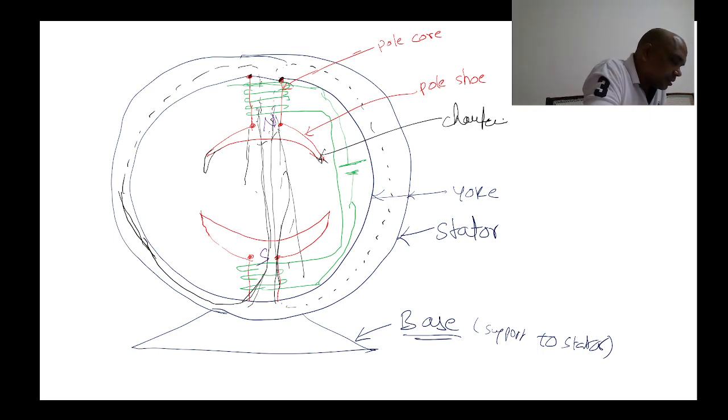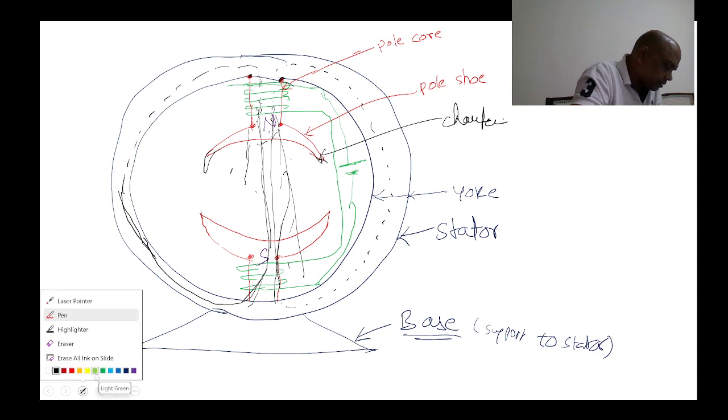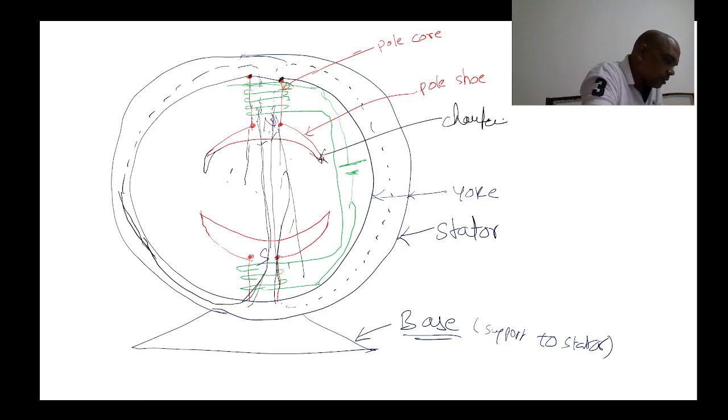Here I will place the rotor. This is the rotor. These are the rotor slots, also called armature slots.